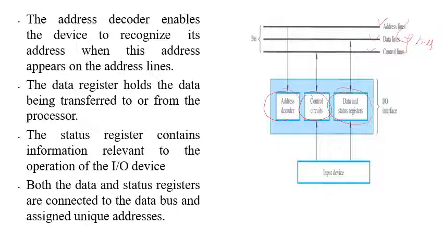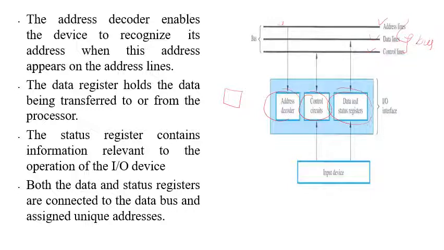The input device is connected to the control circuitry and the data and status register. The address decoder enables the device to recognize its address when this address appears on the address line. If, for example, you want to transfer data from a particular location, then the address of that location will be present in the address bus.